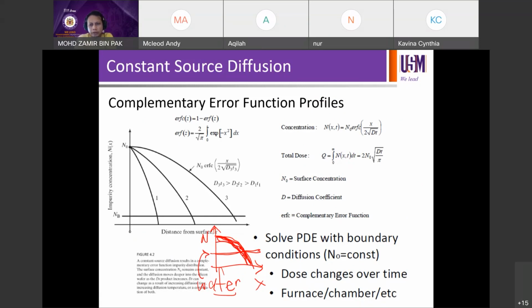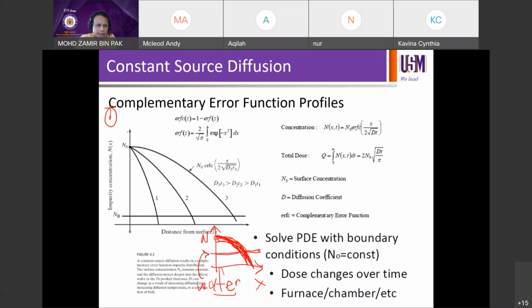When you run the doping process, your dopant profile can take the first option, a complementary error function profile, and the second one is a Gaussian profile. We're going to look into the Gaussian profile later on.